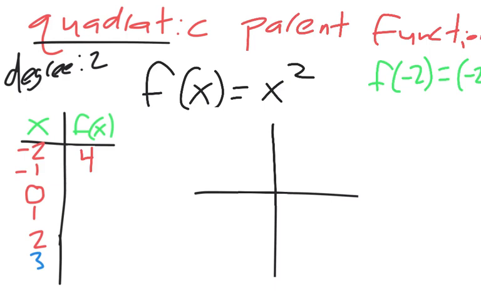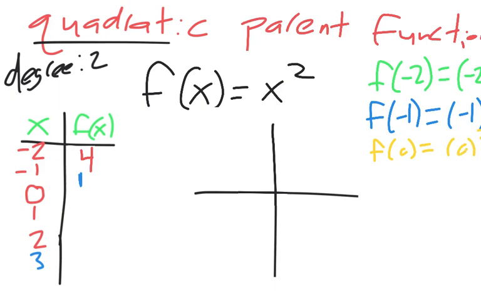Now let's plug in -1. What is -1 squared? 1. You can put it in just like you did before. Do I need to go through the steps again? Has everybody got it? -1 to the second is 1. What if you plug in 0? That's going to be 0 to the second power.